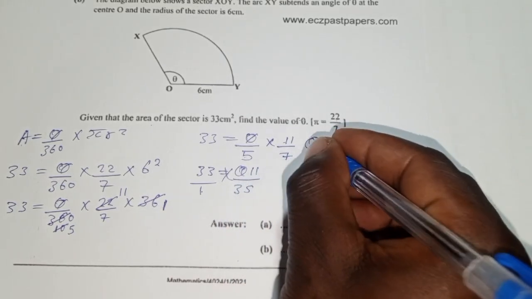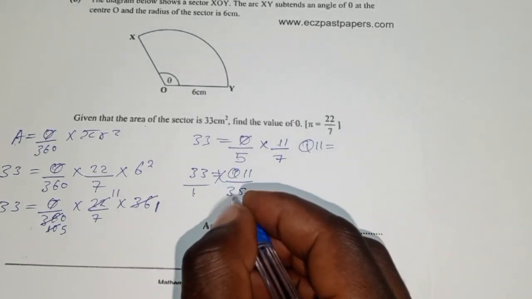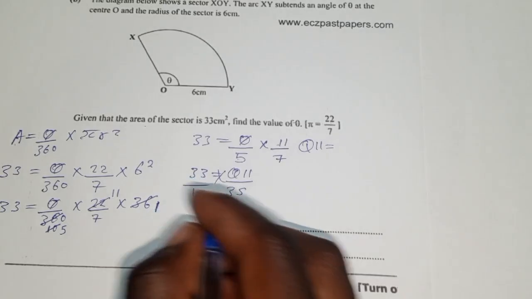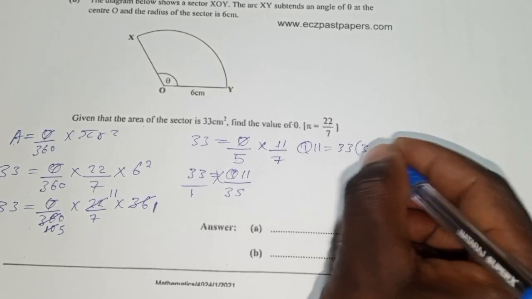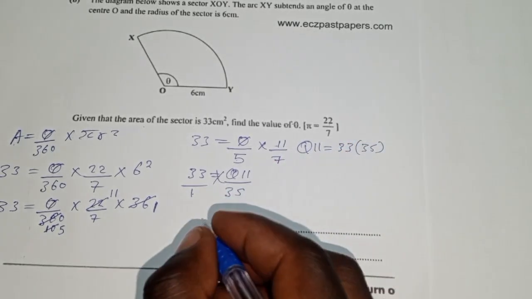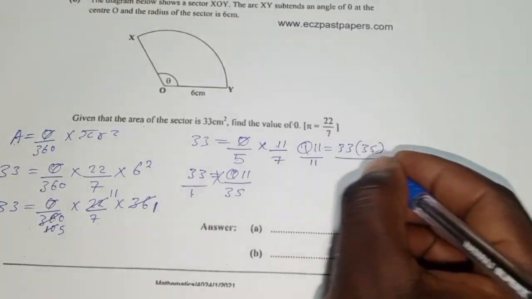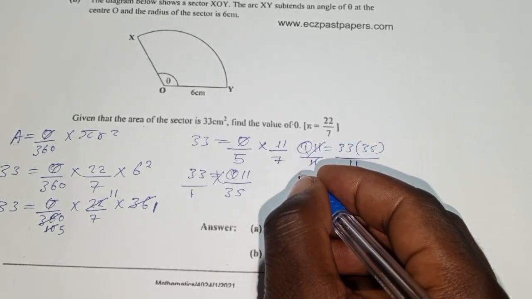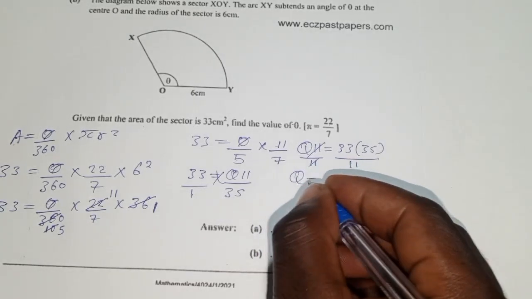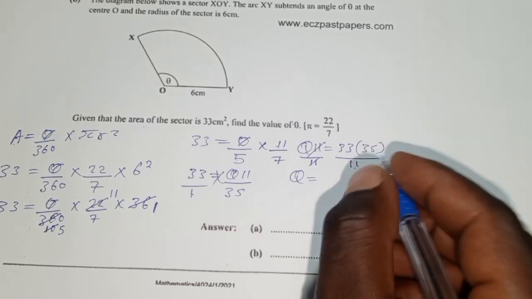We are going to get 11 theta equals, so this is paper 1, so for me, here it will be 33 multiplied by 35. I won't multiply here since I don't have a calculator. Then I'll just divide by 11, even this side by 11. This 11 and this cancel out. We are going to remain with theta is equal to, we know that 11 can go into 33 how many times? 3 times.